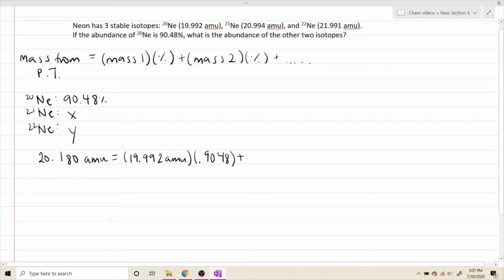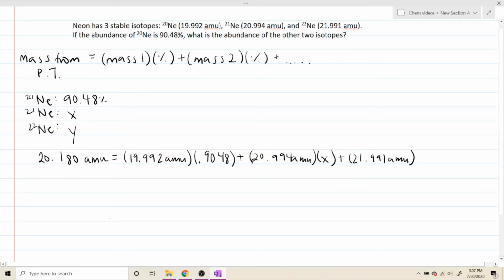Then adding our second isotope, the mass given for that is 20.994 AMU, and we called that percent abundance X. And for our third one, that mass is 21.991 AMU. We assign that percent abundance Y, but you're going to want to put it in terms of X so you can solve for X.